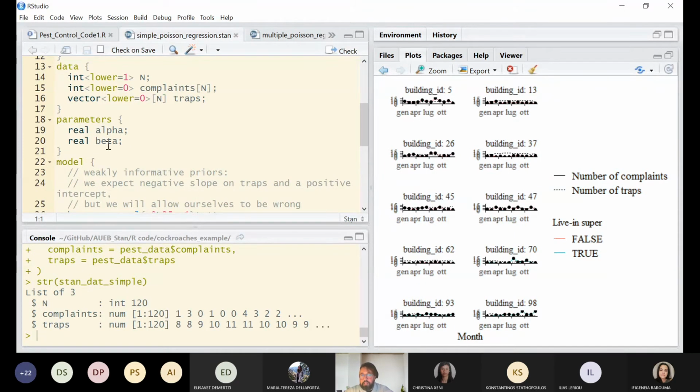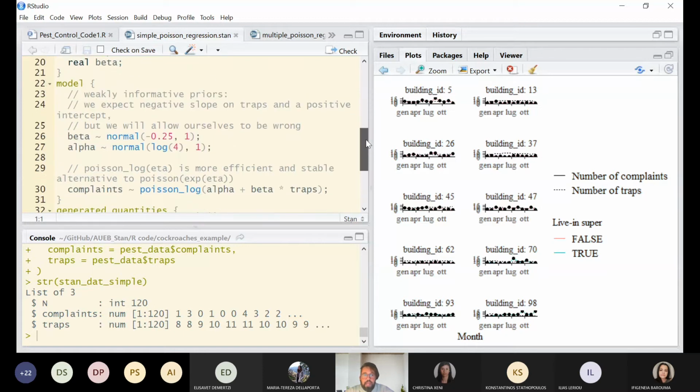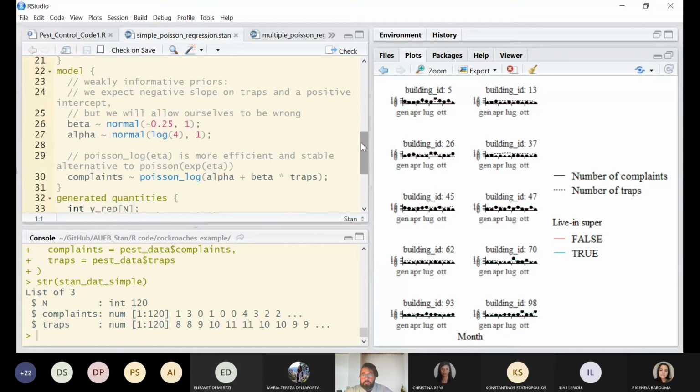Beta is the parameter associated to the number of traps, alpha is the intercept, and then here we have the possibility to specify some priors. Here I did just some very rough experiments, but for instance, I'm expecting that there is a negative correlation between the number of traps and the number of complaints.